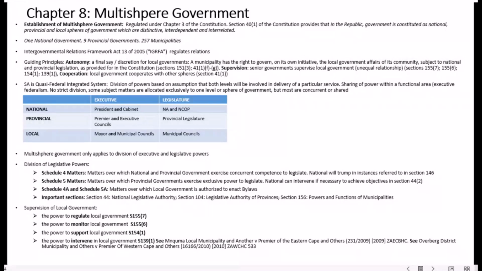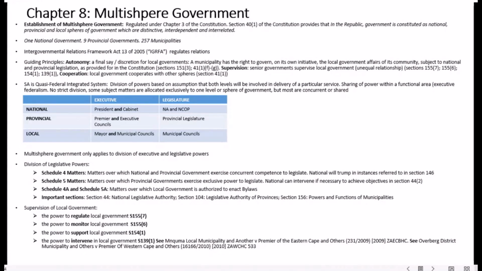So we see an unequal relationship there, where national and provincial government actually supervise local government. And then we also have cooperation, where local government cooperates with the other spheres just to ensure that there is service delivery. So, colleagues, South Africa can be termed as a quasi-federal integrated system.